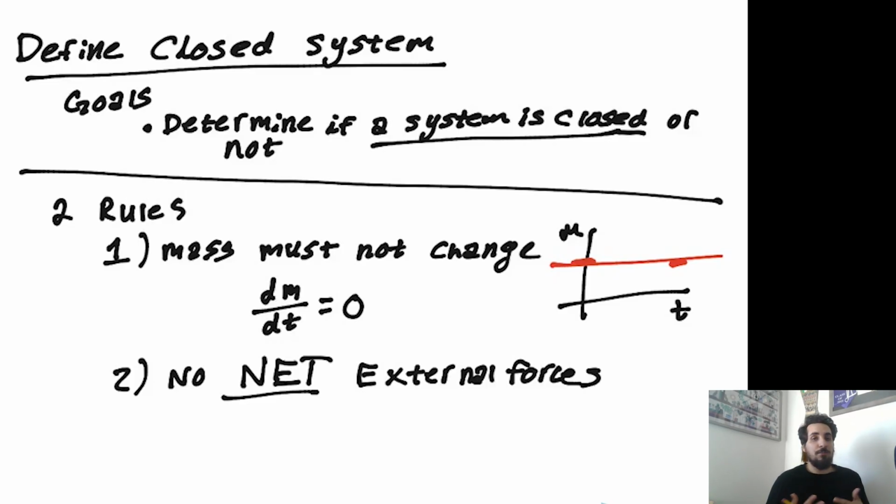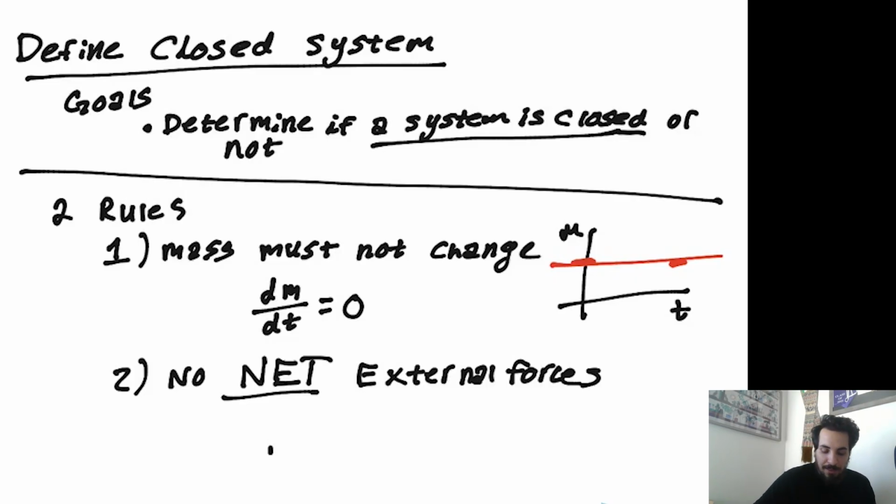There's almost no system where there are 0 external forces. So there are always going to be individual external forces. But the point is that when you take those external forces and add them together, they should cancel each other out. And we've seen this a few times.